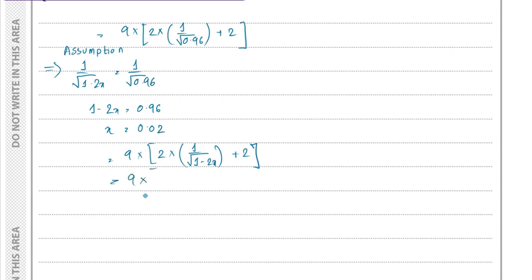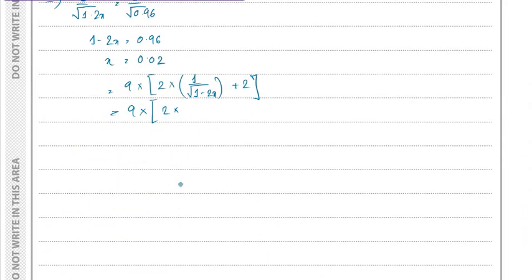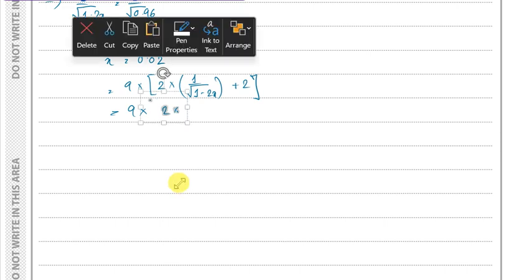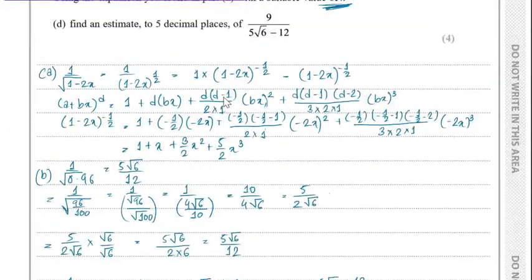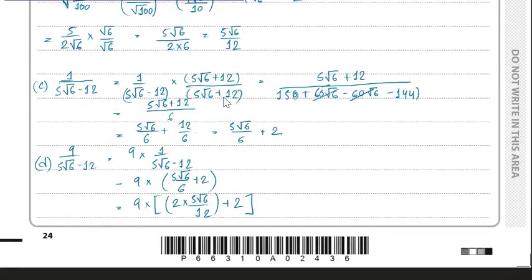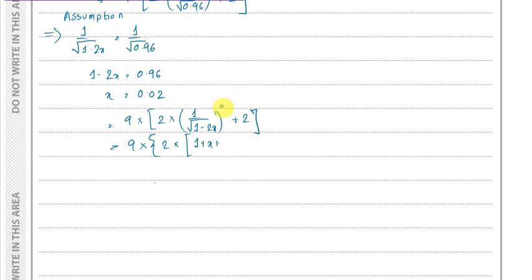So this would be 9 multiplied by 2 multiplied by, and 1 by root over 1 minus 2x we got from part A was 1 plus x plus 3 by 2 x squared plus 5 by 2 x cubed, plus 2.